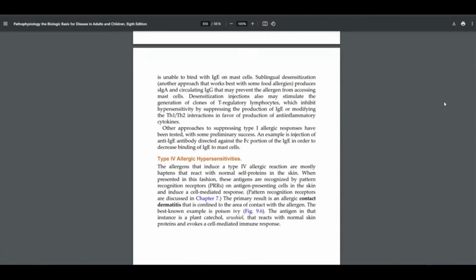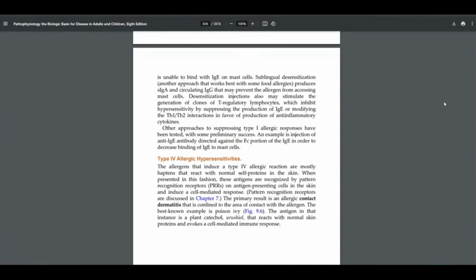Sublingual desensitization, another approach that works best with some food allergies, produces SIgA and circulating IgG that may prevent the allergen from accessing mast cells. Desensitization injections also may stimulate the generation of clones of T regulatory lymphocytes, which inhibit hypersensitivity by suppressing the production of IgE or modifying the Th1-Th2 interactions in favor of production of anti-inflammatory cytokines.